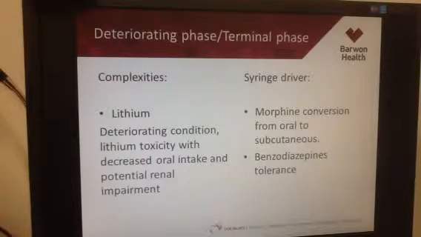So to be able to achieve this, I really needed to monitor his condition for potential side effects that could cause him to go back into hospital. So say if he got a lithium toxicity or an opioid toxicity, I needed to monitor those things to avoid him going back to hospital, because his wish was to be at home.